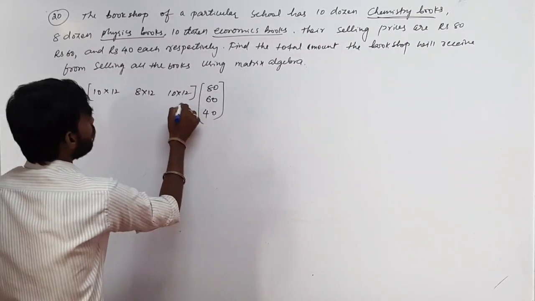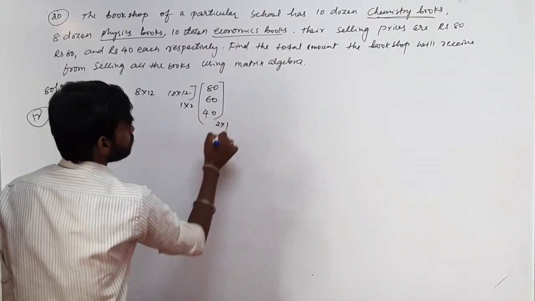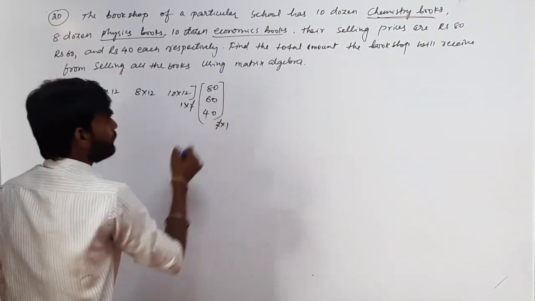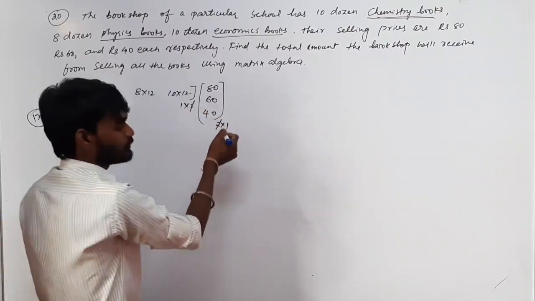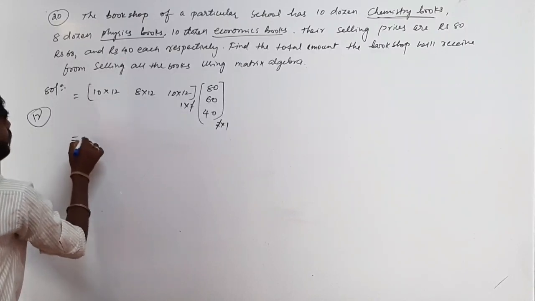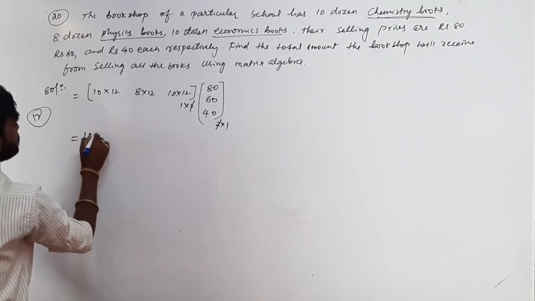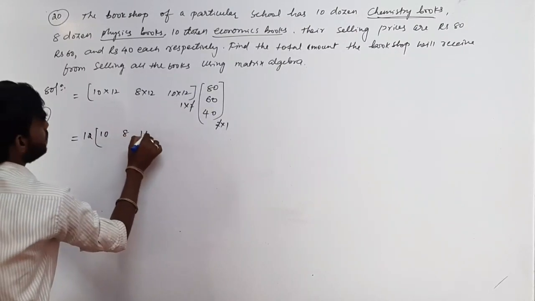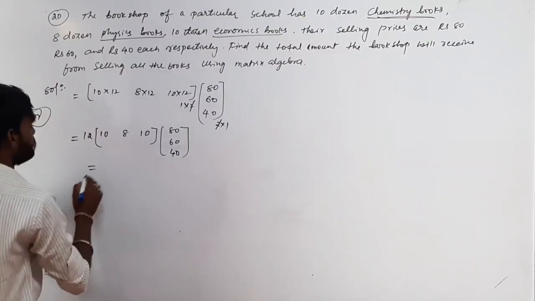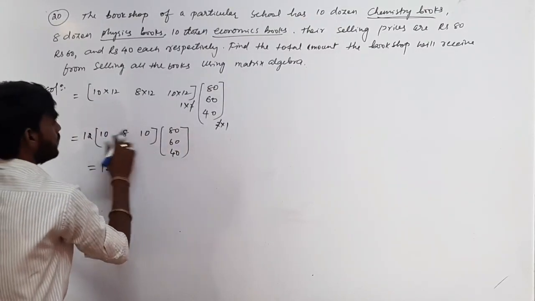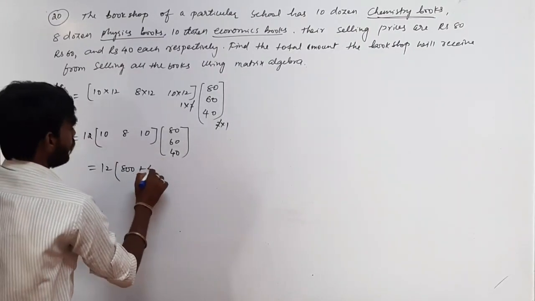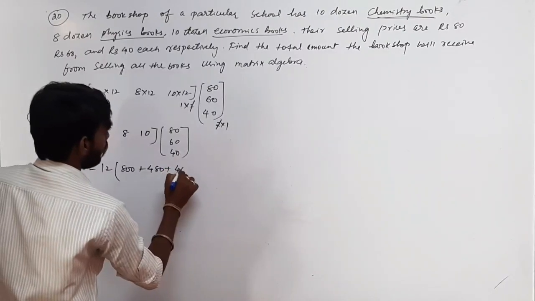This order is 1 cross 2 and this order is 2 cross 1, so this matrix's column and that matrix's row match, and the result is a 1 cross 1 matrix, then we add. Now 12 is common, so 10, 8, 10 into 80, 60, 40, just multiply, with 12 as it is. 10 into 80 is 800, plus 8 into 60, 8 sixes are 48, so 480, plus 10 into 40 is 400.